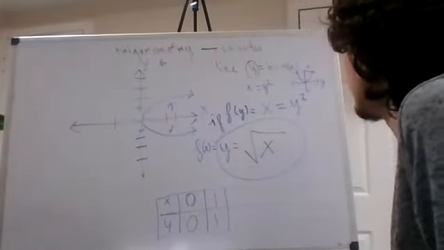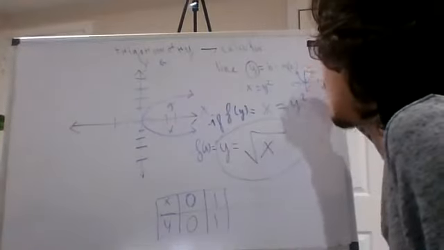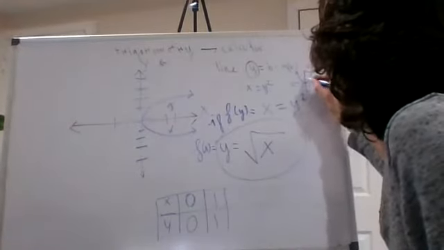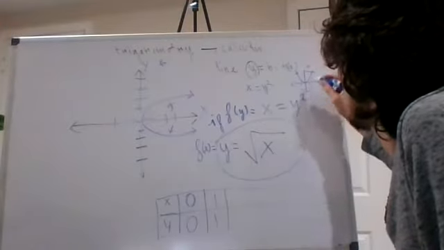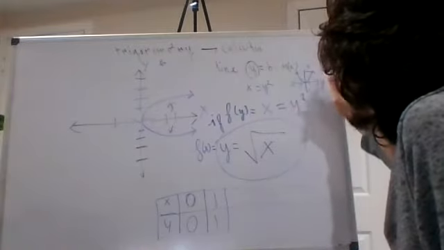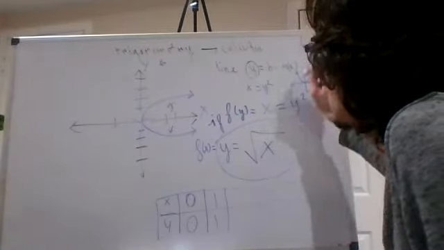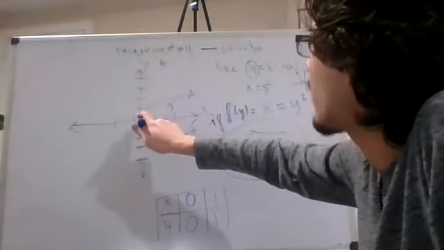Yes, sir. Because we said that this is basically a normal parabola. So at x equals 1, or in this case, when y equals 1, x equals 1, and when y equals -1, x equals 1. So we inverted it and we got this.